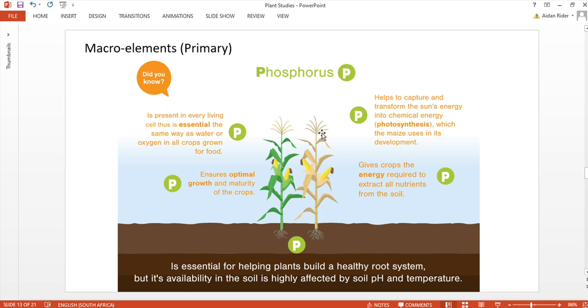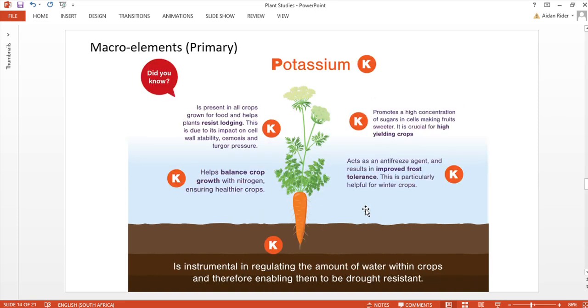So the younger leaves will appear more green, while the older ones may become purple or dull in color if there's a deficiency. Then thirdly, we have potassium. So it's instrumental in regulating the amount of water within crops and therefore enabling them to be drought resistant. So yes, it helps balance crop growth with nitrogen, also ensuring healthier crops.